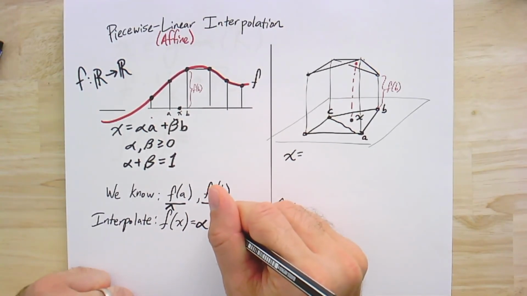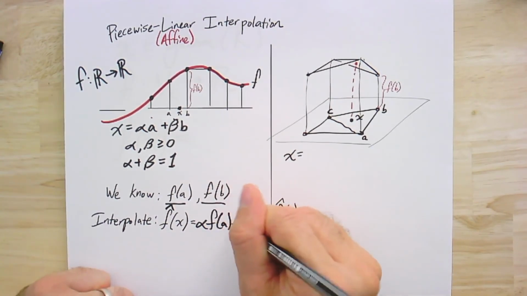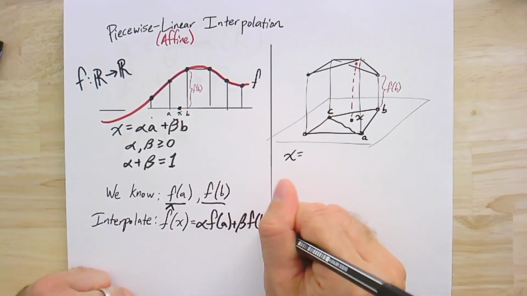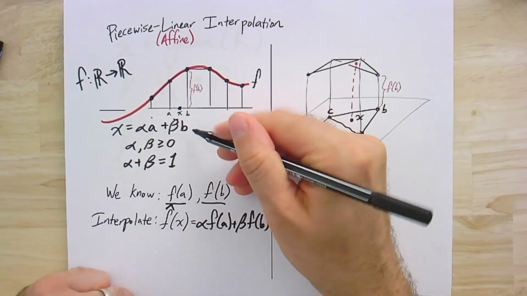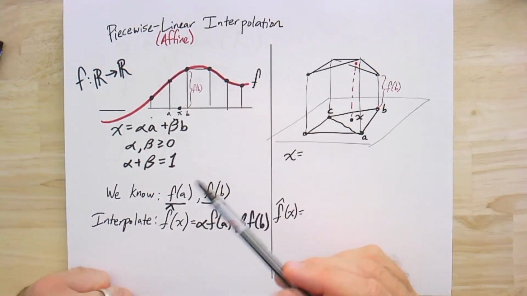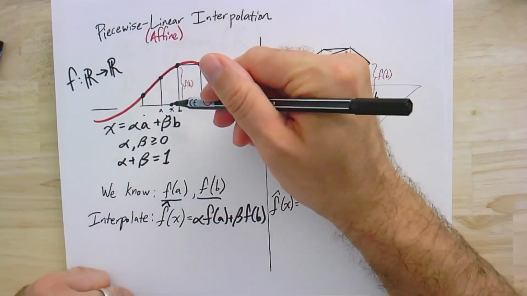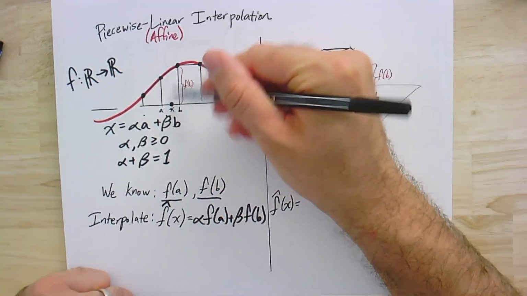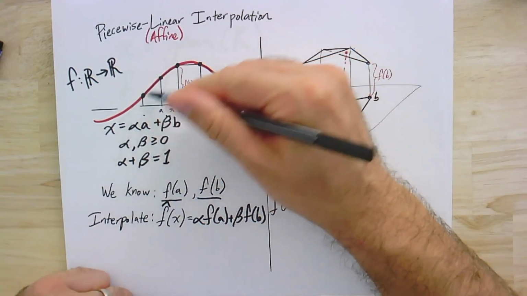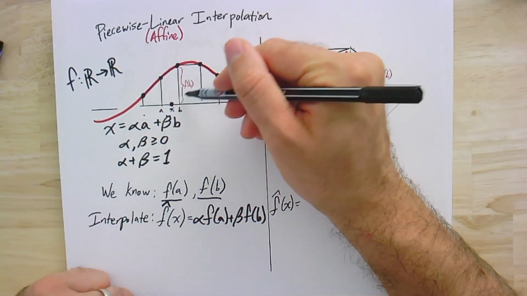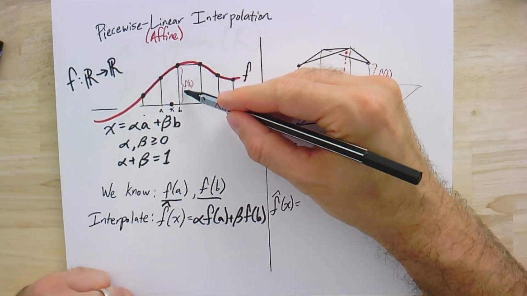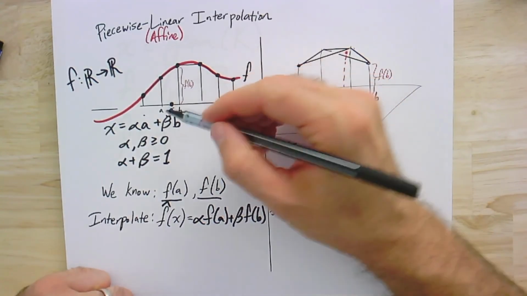I'm just going to take alpha times f of a plus beta times f of b, where these are the same alpha and beta as up here. And the effect of that, if you think of this graph, remember the height of the curve is exactly the function value. I wrote it in here for b, so you see that the height here is f of b.